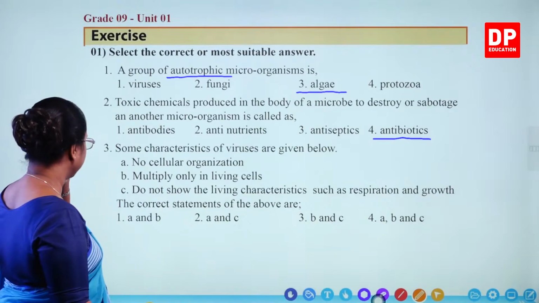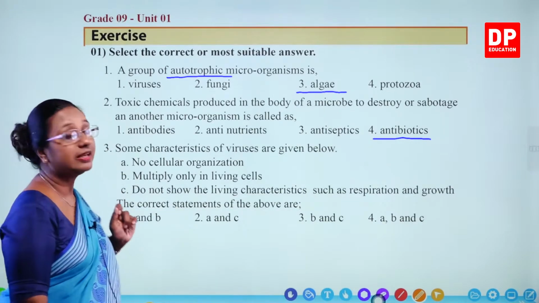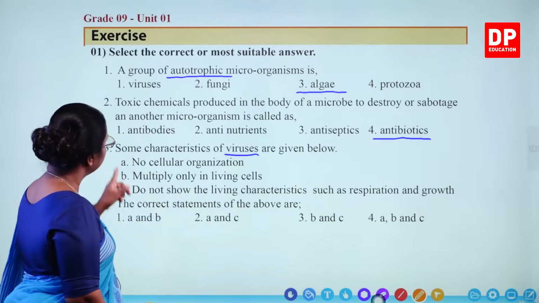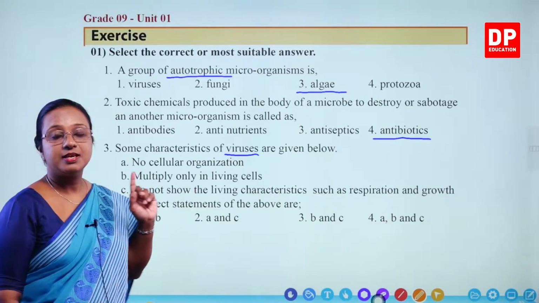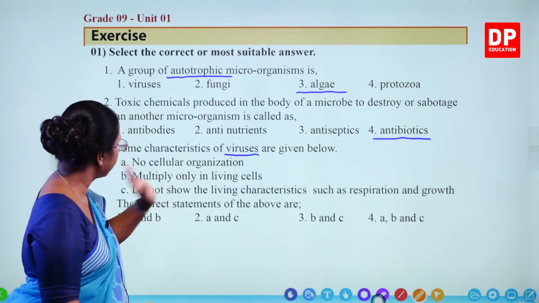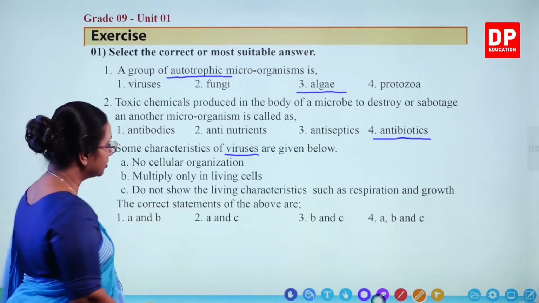Then the third one. Some characteristics of viruses are given below. So, you know it is the virus. No cellular organization. Is that correct? Yes, it is not a cell structure. Multiply only in living cells. That is also correct.